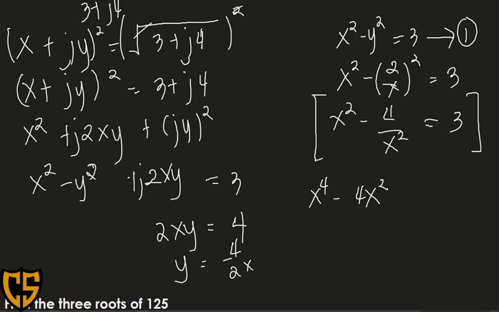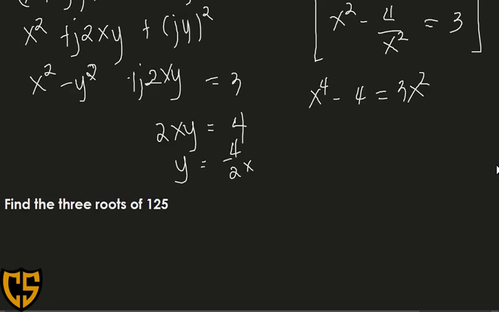The 4 only, because it already has x squared. So we have minus 4 is equal to 3x squared. Let us reduce this to a quadratic equation form. So we have x to the fourth minus 3x squared minus 4 is equal to 0.